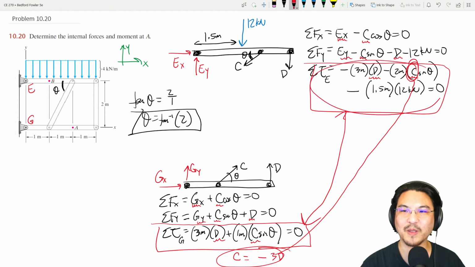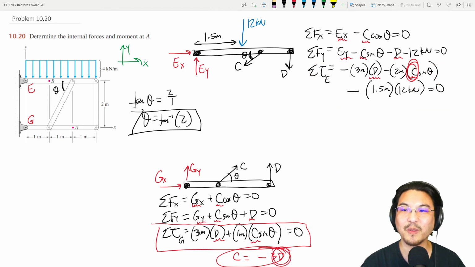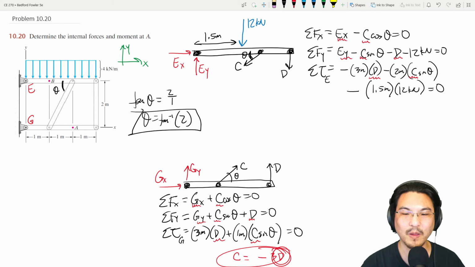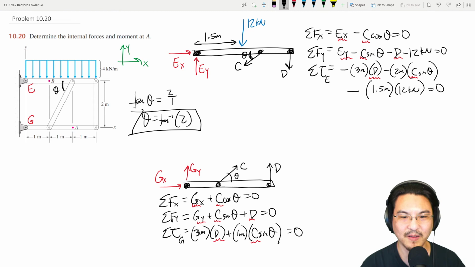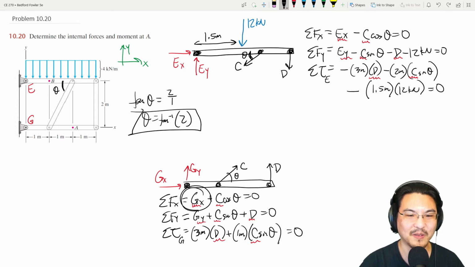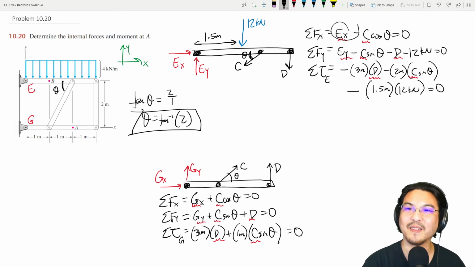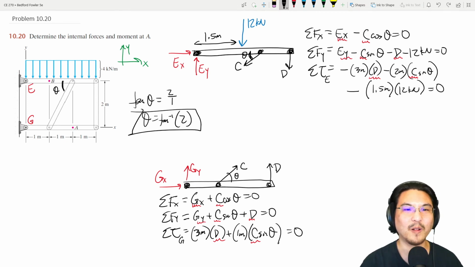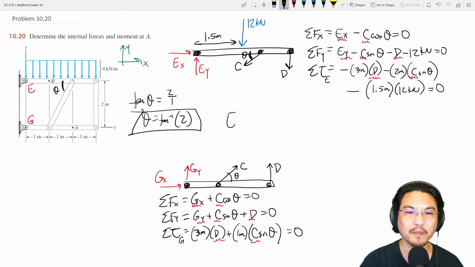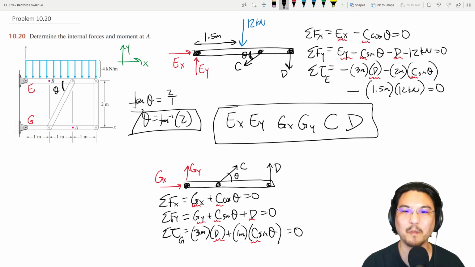Right, then this is only in terms of D. Solve for D, and then plug it right back in here, and you have C. So now we know both C and D. And if you know both C and D, then you can solve for GY, you can solve for GX. If you know both C and D, you can solve for EY, you can solve for EX. So now you know all 6 unknowns. Solved it.